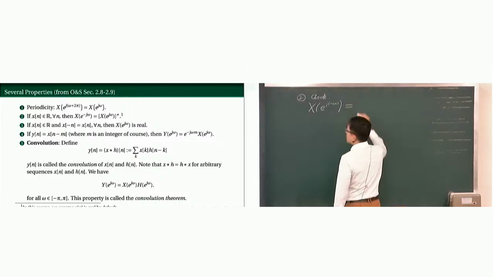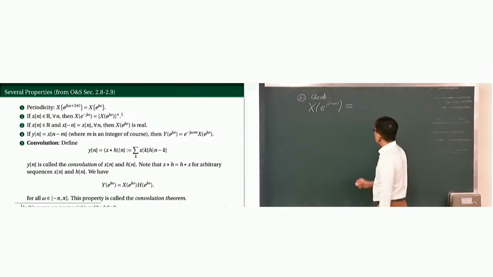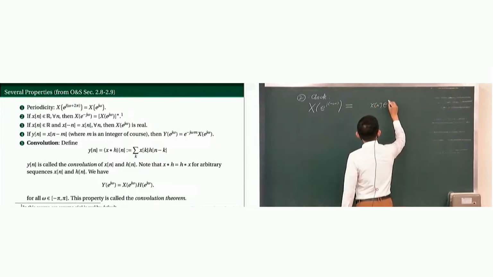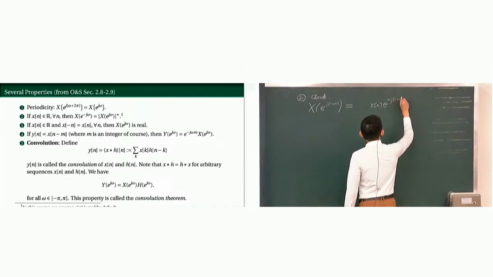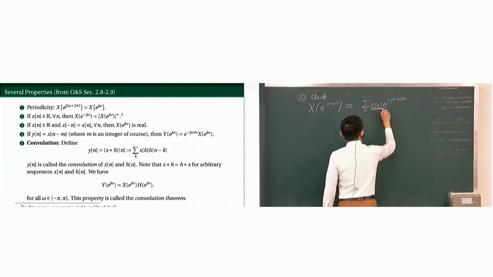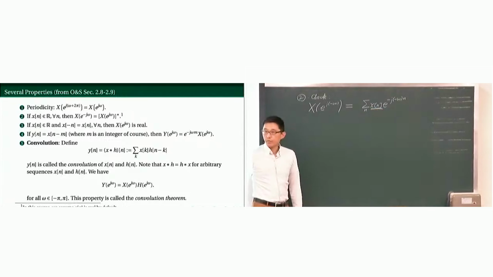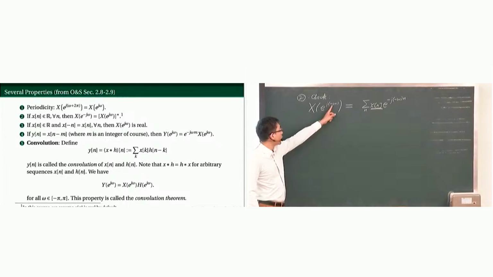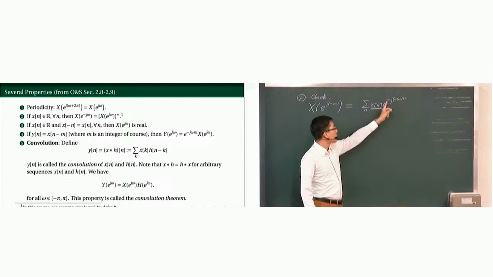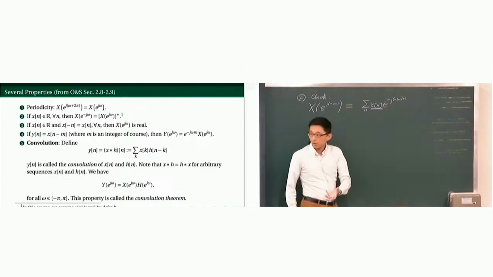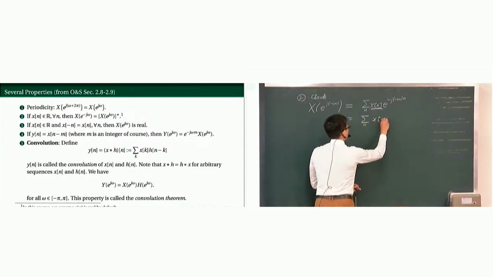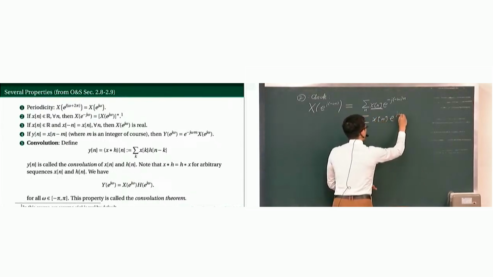So by definition, we apply the definition, sure, we have x[n] e to the minus j, but minus omega n, and we sum over all n, where we assume x[n] is real to begin with. So that's the meaning of evaluating the spectrum at minus omega according to the definition, right? And what's next? Apparently, minus and minus, we have a plus, right? So next step, of course, this is x[n] e to the j omega n.